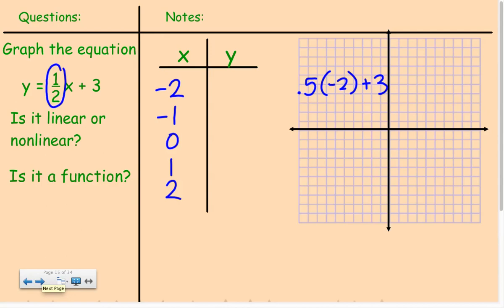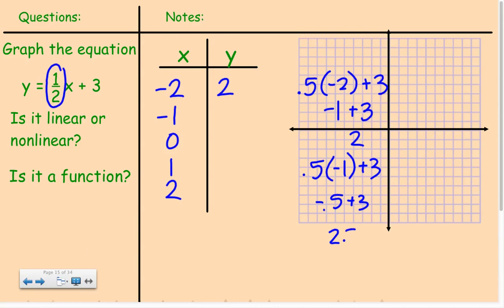If I have half of -2, that would be -1. -1 plus 3 is 2. Half of -1 would be -0.5 plus 3, so 2.5. That's a decimal, but it's not too bad of a decimal. I'm going to leave it.